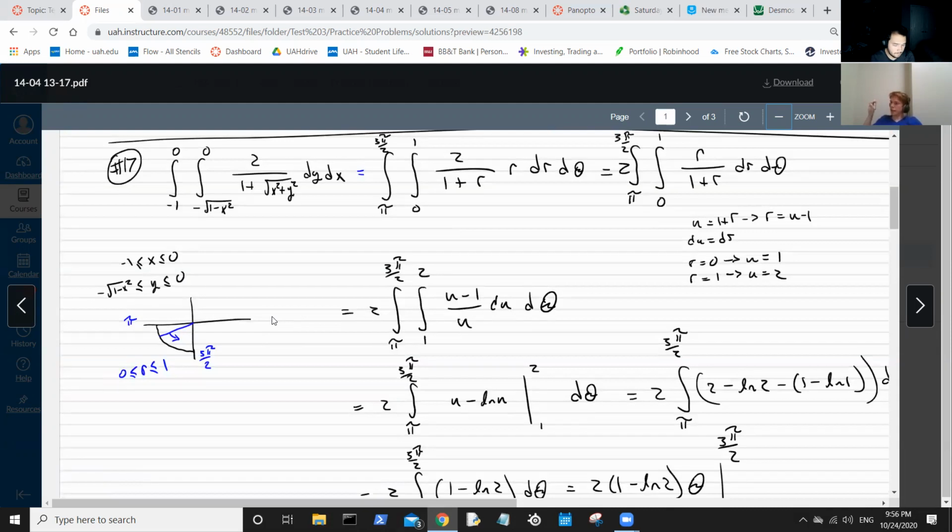Think about it in terms of your limits: the limits between y and 0 give you the bottom half of the circle. I misspoke earlier, but it gives you the bottom half of the circle.